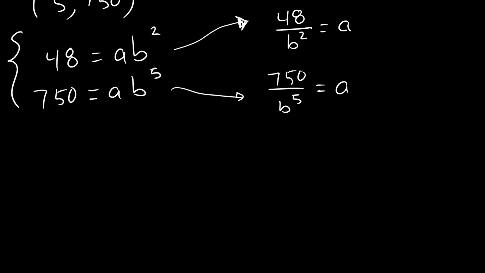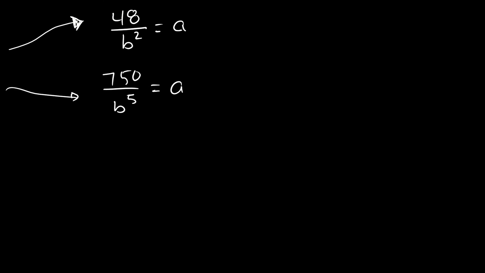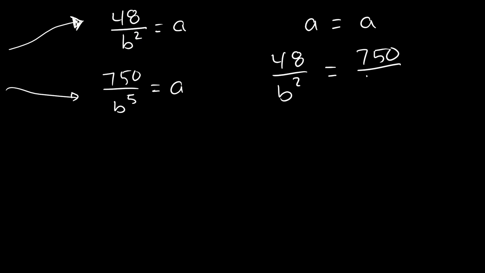So you can see now I have two different ways that I can represent a. a is 48 over b squared. a is 750 over b to the 5th. So I'm going to use this equal values method, clearly because a is equal to itself. I can write the first expression for a, 48 over b squared, is equal to the second expression for a, 750 divided by b to the 5th power.